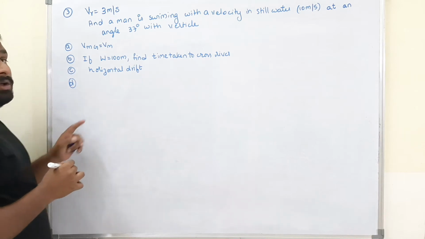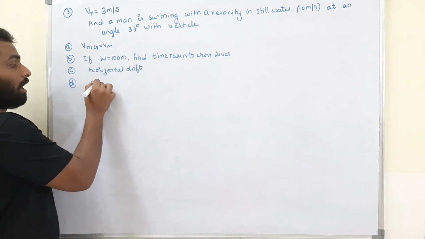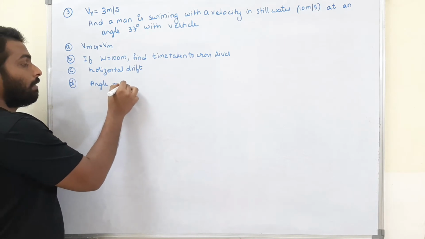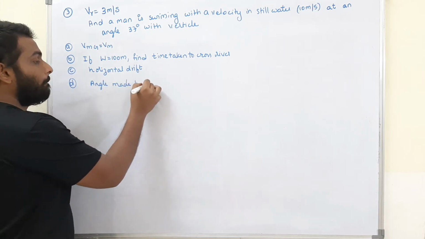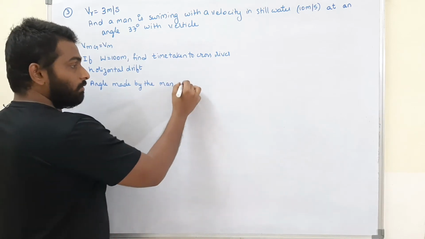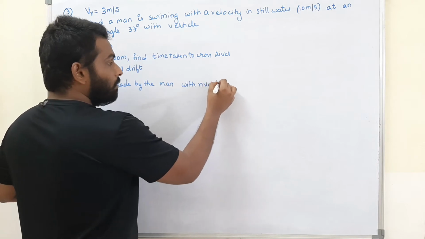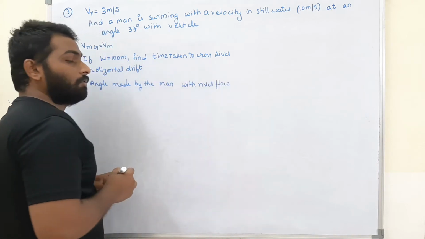Last is to find the angle made by the man with river flow. These are the questions.